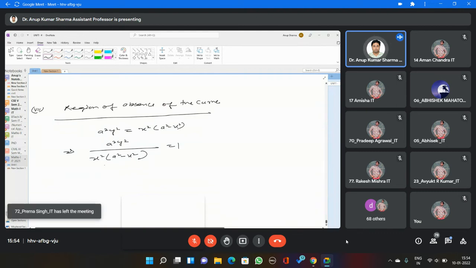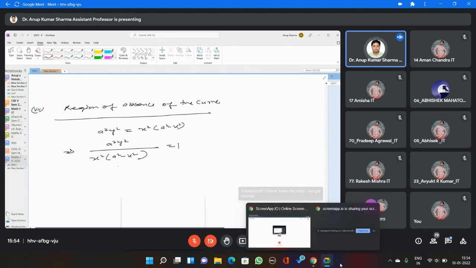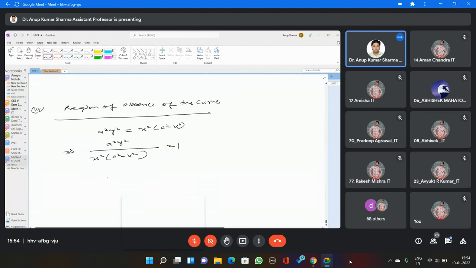When we take x is equal to 0, the left hand side is undefined, and a square minus x square is equal to 0.